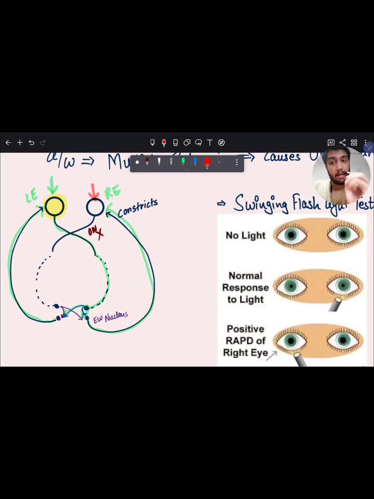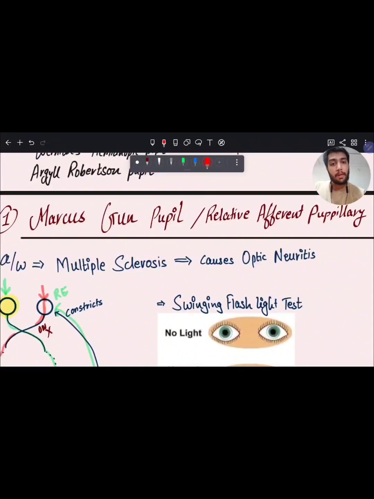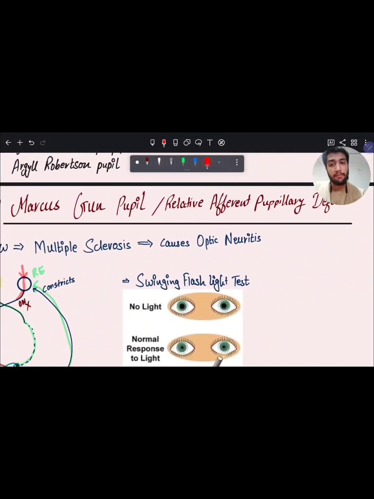We are showing our light to the right eye. वो क्या होगा? जा ही नहीं पाएगा ना, क्योंकि ऑप्टिक नर्व डैमेज्ड है. तो यहाँ से ऑप्टिक नर्व से प्रीटेक्टल न्यूक्लियाई पे सिग्नल नहीं पहुंचेगा. अगर प्रीटेक्टल न्यूक्लियाई पे सिग्नल नहीं पहुंचेगा तो वो एडिंगर वेस्टफाल न्यूक्लियस को कैसे सिग्नल देगा? नहीं दे पाएगा. सो राइट ऑप्टिक नर्व में डैमेज है, बट लेफ्ट आई भी कंस्ट्रिक्ट नहीं कर पाएगी. एंड दिस इज द कॉन्सेप्ट बिहाइंड मार्कस गन प्यूपिल, ऑल्सो नोन एज रिलेटिव एफेरेंट प्यूपिलरी डिफेक्ट.